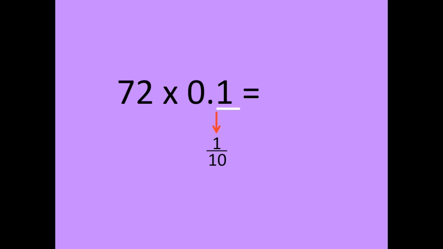I only want to know what one part equals. So if 72 were my whole, imagine a bar, and I split it up into 10 parts, I only want to know what one of those is, which is why 72 gets 10 times smaller and my decimal point moves to the left. So 72 times 1/10 equals 7 2/10.